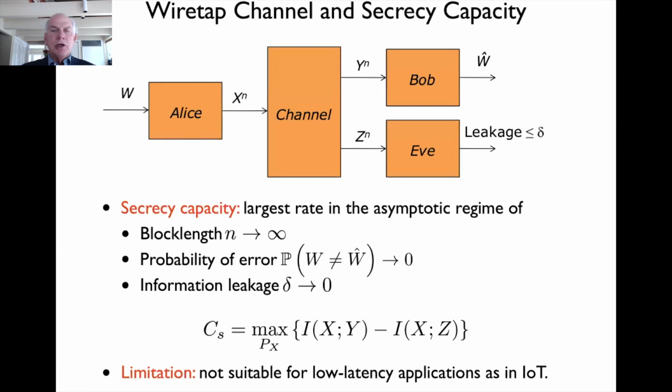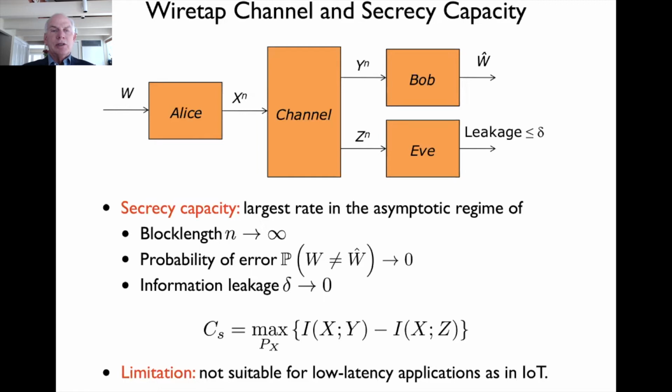So here's another drawing of Wyner's wiretap channel with a little bit more detail. Remember, we have Alice with a message to be transmitted to Bob reliably and in secrecy relative to Eve over a channel. To be a little more precise, first of all, the message is mapped to a sequence of n channel uses.